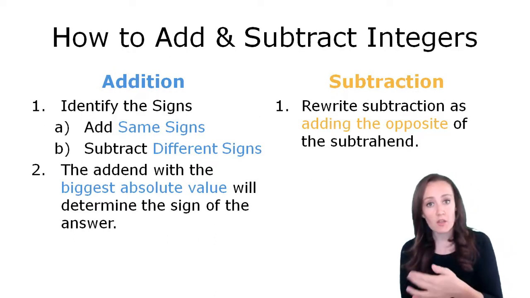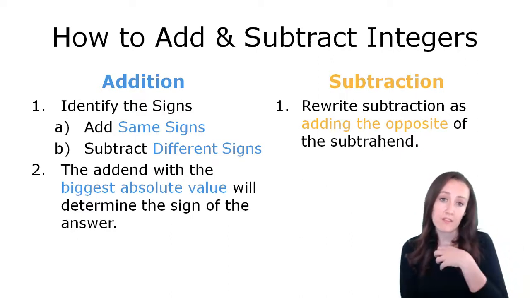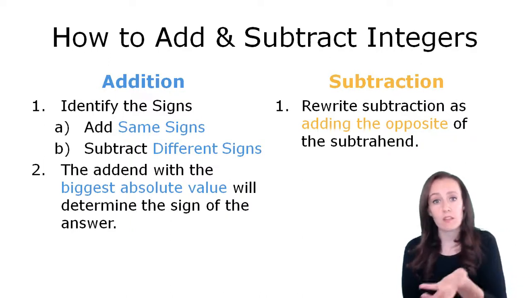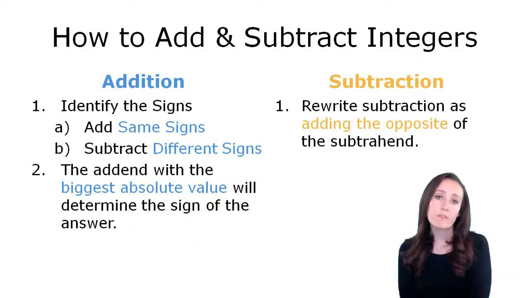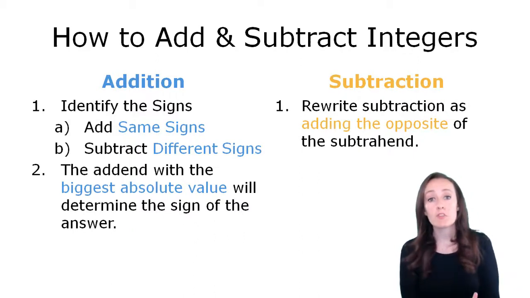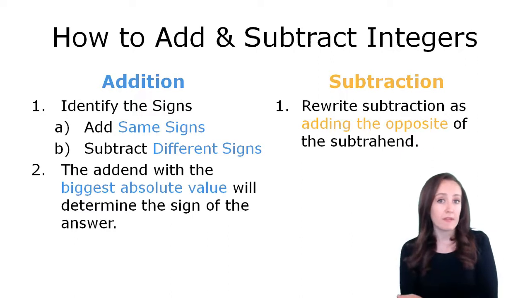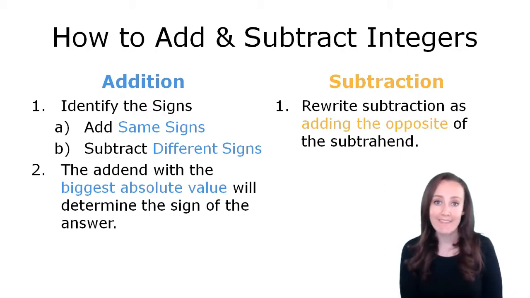With subtraction, I recommend just rewriting subtraction as adding the opposite so that it makes it easier. Because in my opinion, addition is way easier than subtraction is. Especially when you involve negatives. So whenever you have subtraction of positives or negatives, I would just think about it as adding the opposite of that thing. And again, you can check out my subtracting negative numbers video to learn more about that.